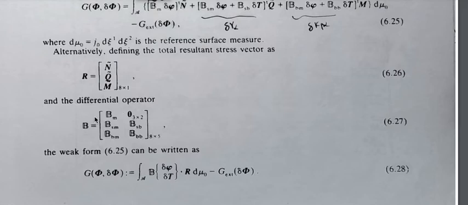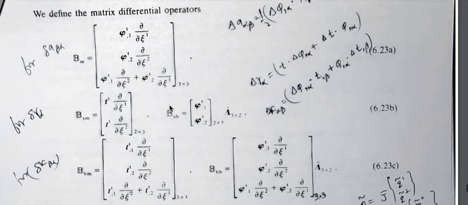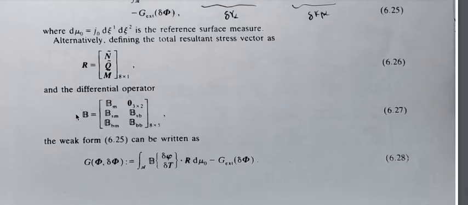So now we have all the input material ready for doing the linearization. We write all of these matrix differential operators, combining them all into this big B, which is an 8 cross 5 matrix.